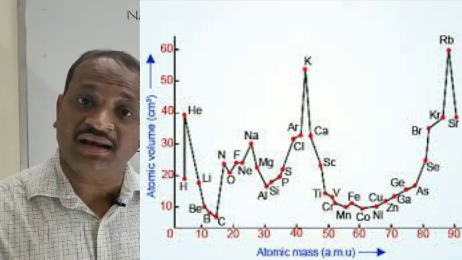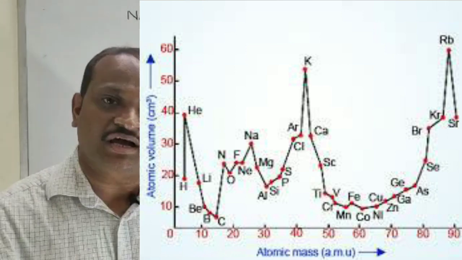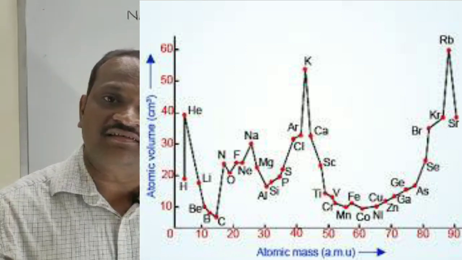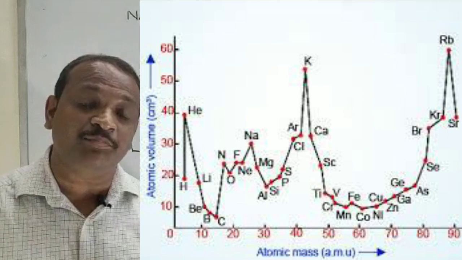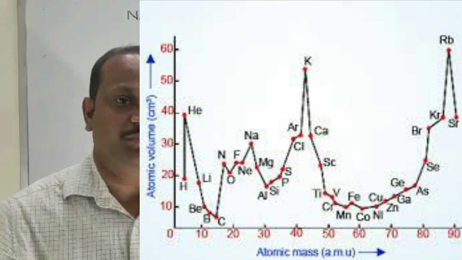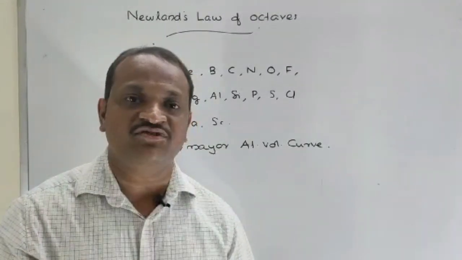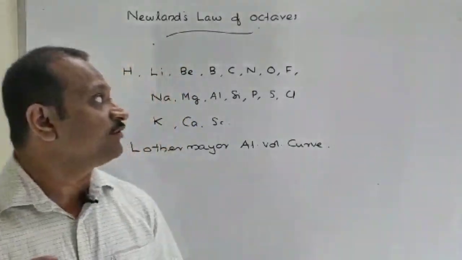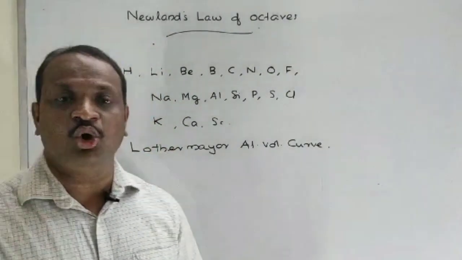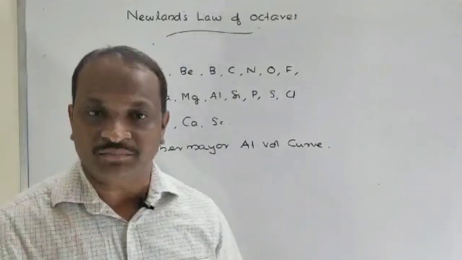Alkaline earth metals occupy the descending portion, and halogens occupy the ascending portion. This is the concept introduced by Lothar Meyer. So we have three concepts already: first, Dobereiner's triad, second, Newlands' Law of Octaves, and next, the Lothar Meyer atomic volume curve.